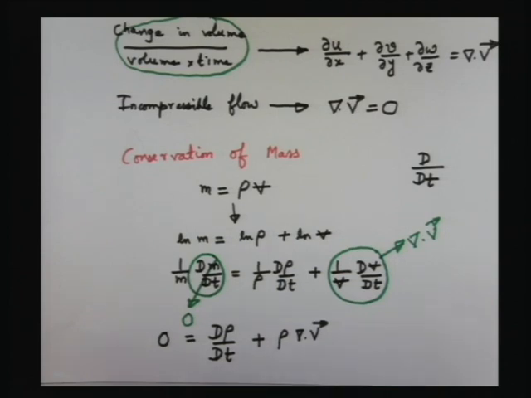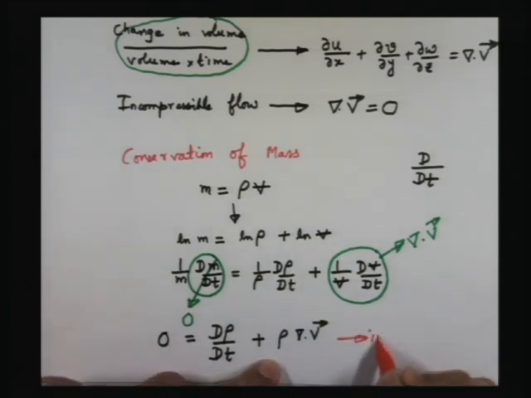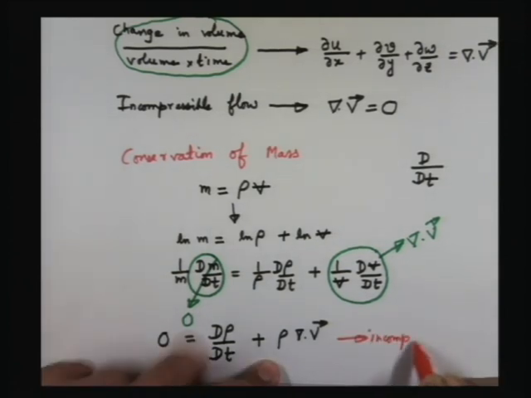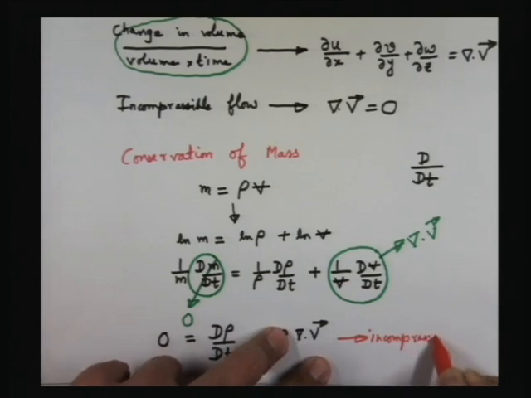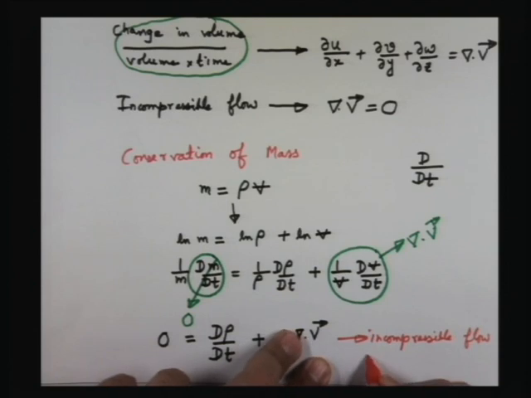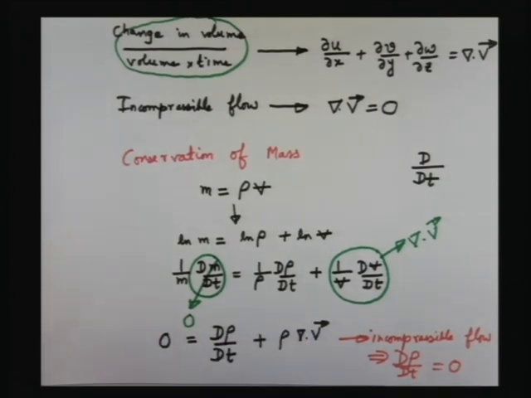So incompressible flow will lead to total derivative of density equal to 0. This does not necessarily mean that density equal to constant.